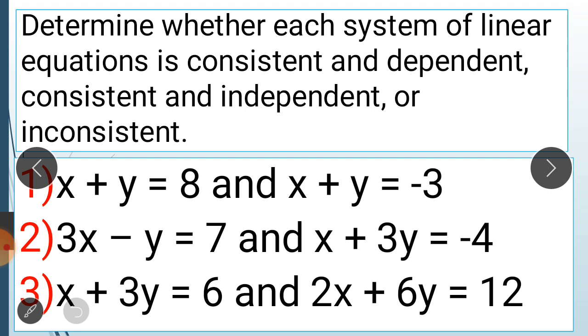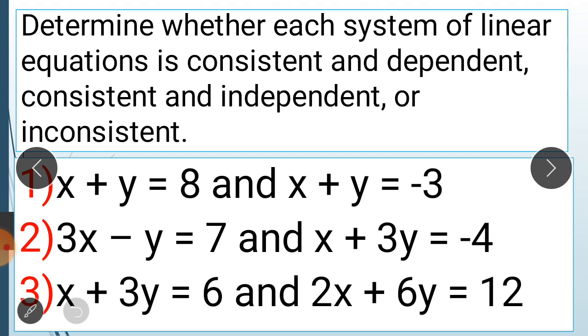You can pause this while you are answering, then play it again once you are done. Approximately you need at least 10 minutes for this activity, so pause it now.